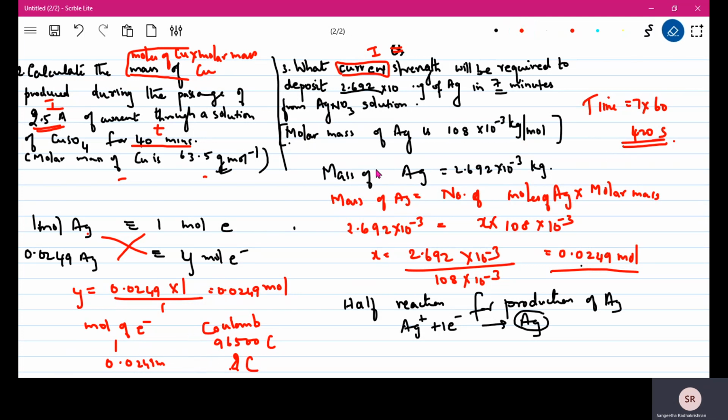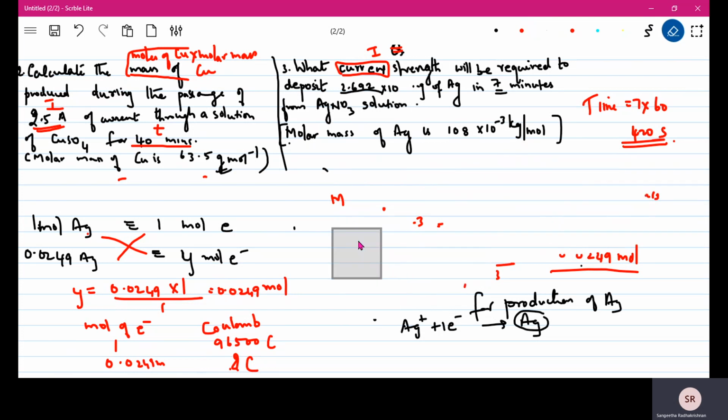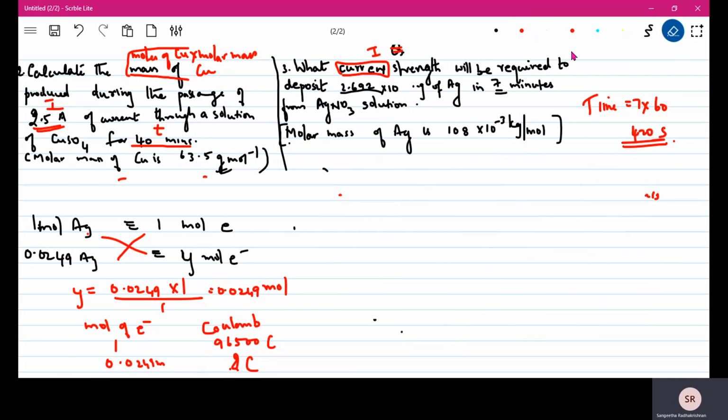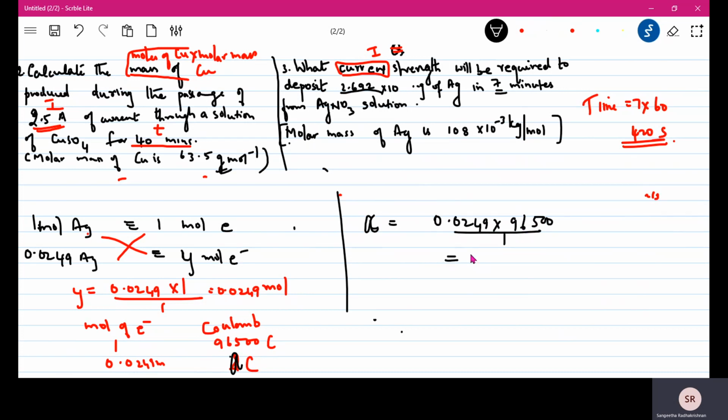So if I put A coulombs, A is equal to 0.0249 into 96,500 upon 1, that is 2403 coulomb. So you got the quantity of electricity, not current, that is 2403 coulombs passed.